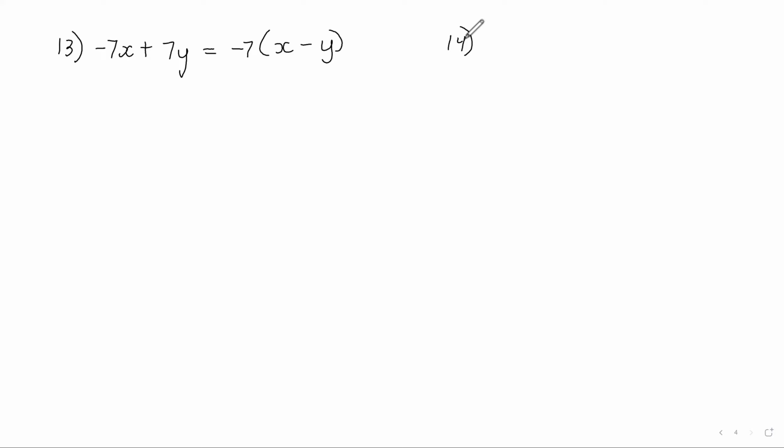Safira, what about negative 8x plus 8y? It will be negative 8. Negative 8, and what goes in the brackets? It will be x minus y. Yes, x minus y. All right, guys, so you've got to be careful with the signs.